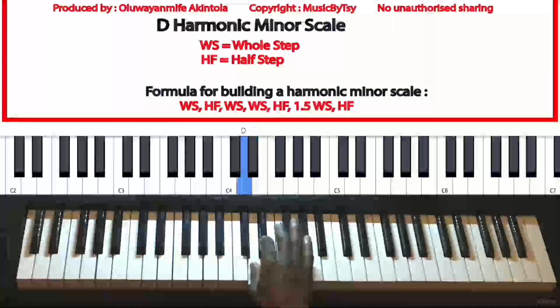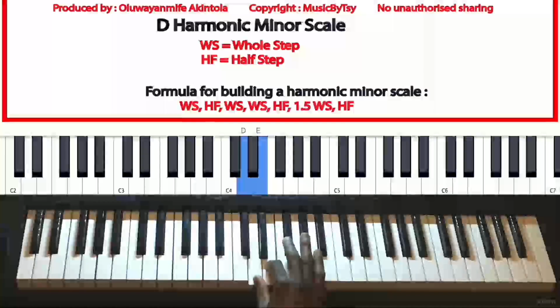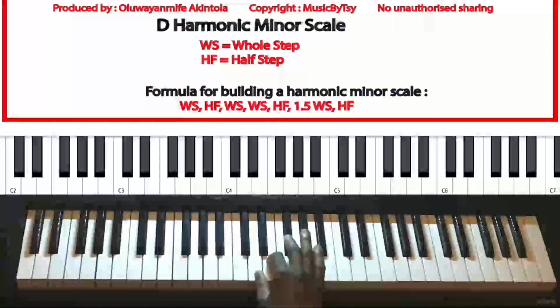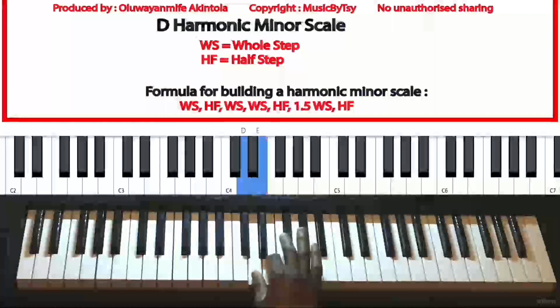So moving from one key to the next key without skipping any key, that is known as moving by a half step. Now moving from one key to another key and skipping a key in between is known as moving by a whole step. So for example, if I move from the key of D to the key of E, I've skipped one key in between.